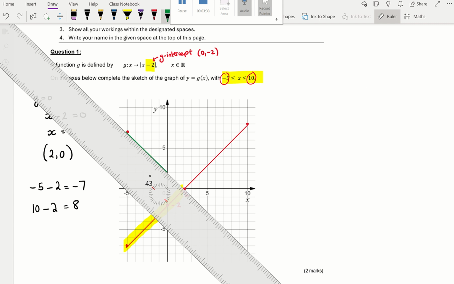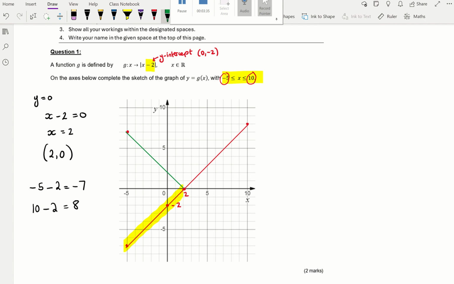That's my modulus. And I am going to erase all of that. I don't need any of that. So that is my modulus function, from 7 to 2 and then back to 8.